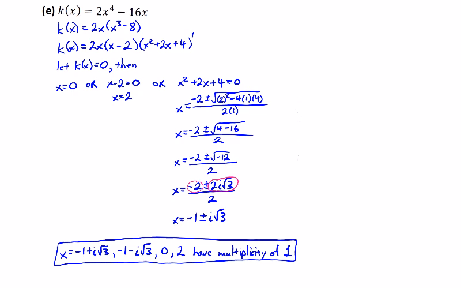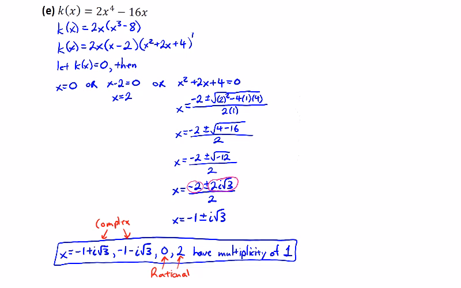And part E, we had four answers on this one. Two of them are complex. That would be the -1 plus i square root of 3 and -1 minus i square root of 3. And then we also have two that are rational. Those would be the 0 and +2 answers.